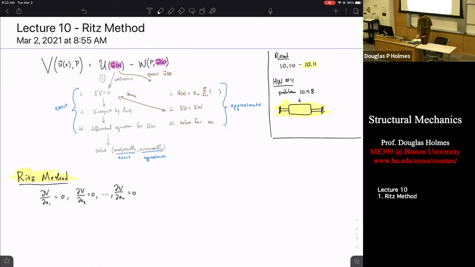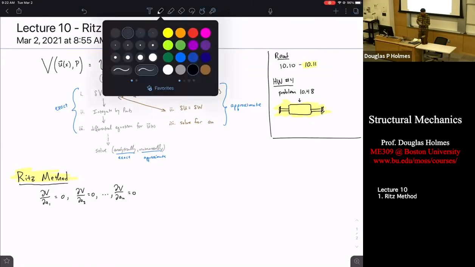What I want to do today is have you get some practice on this. And the problem I'd like you to practice on is this one. It's a really simple one.